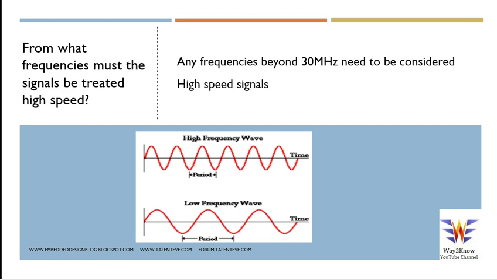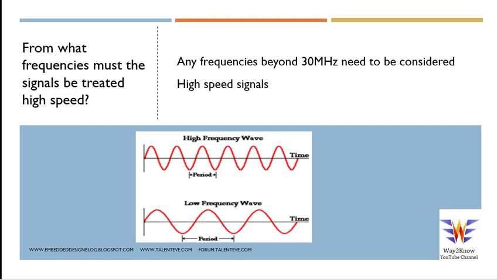Now, we are talking high speed as a big stream. So what frequency should be treated as high speed? That's the question that comes to our mind. Any frequency beyond 30 megahertz. When we say a frequency here, there will be a rise time associated, because as the frequency increases, the time period reduces.